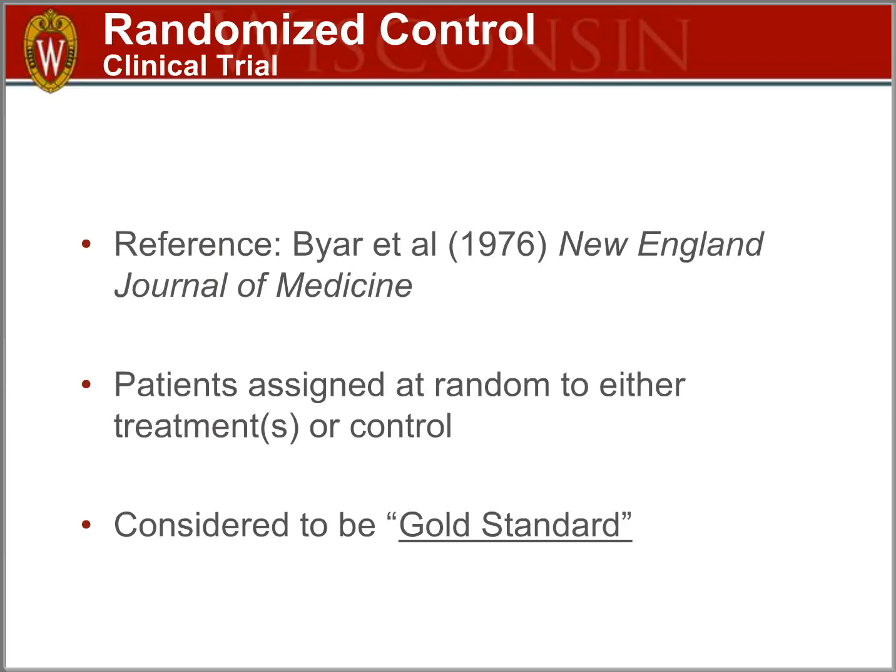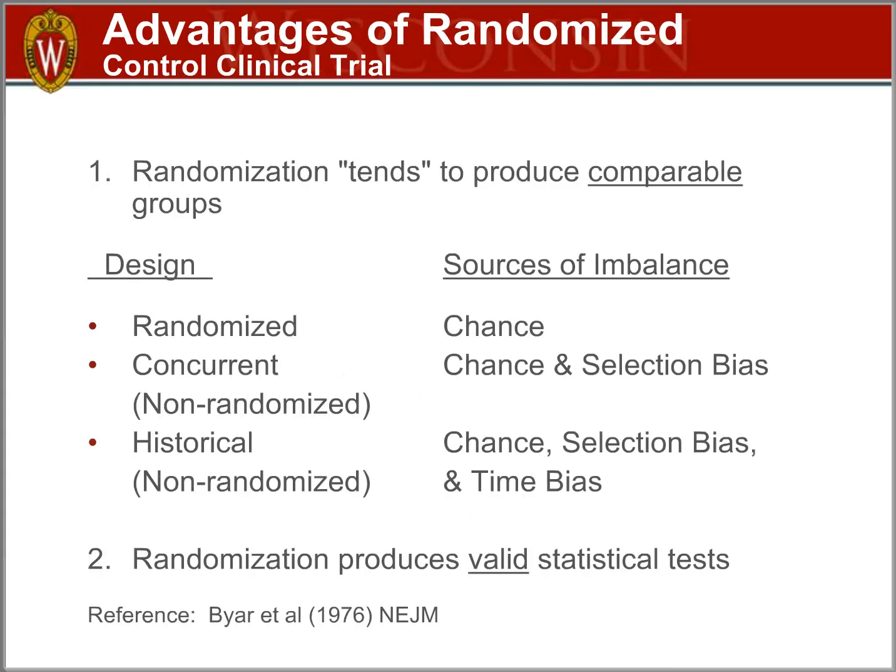A nice discussion of why the randomized control trial appears in an article by Byar et al. in 1976, where it talks about patients being assigned at random to either treatment or control, and the randomization process is considered to be the gold standard. The advantages of the randomized control trial are as shown here. Randomization tends to produce comparable groups.